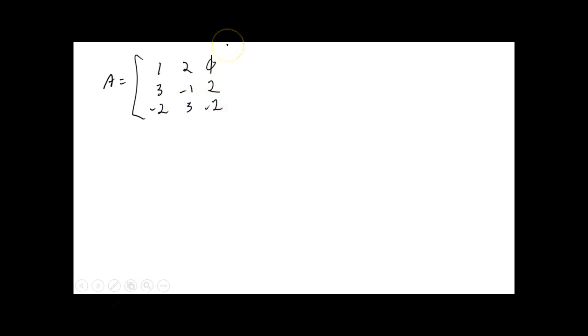Okay? We're going to adjoin that with the identity matrix. The same size, 3 by 3, so it would be 1, 0, 0, 0, 1, 0, and 0, 0, 1. All right, and then we start our row reduction.